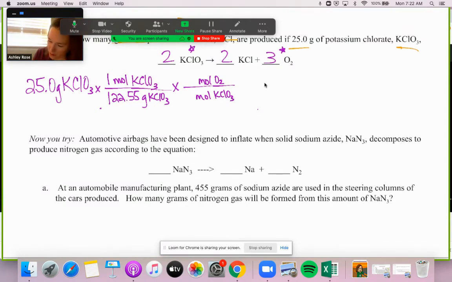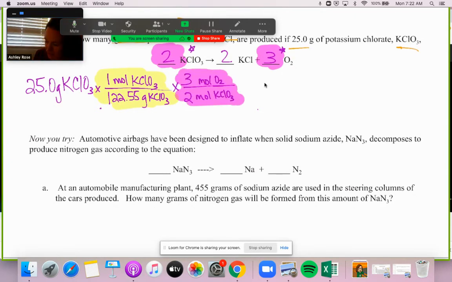Over here, molar mass is always the mass of 1 mole, but this is not molar mass over here. This is mole ratio, and remember that mole ratio comes from the coefficients in the balanced equation. So for every 2 moles of KClO3, I produce 3 moles of oxygen. I'm just going to highlight that in a different color so you can see where this is coming from. So 2 moles of this, 3 moles of oxygen, that's where this term came from.